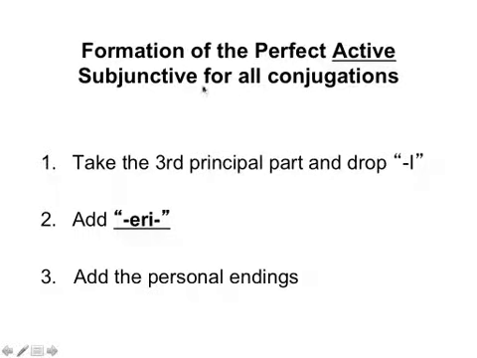Now let's talk about the formation of the perfect active subjunctive for all the conjugations. Very straightforward. Like any past active action, you're just going to take that third principal part, drop the I. Then with the perfect active, you're just going to add the letters E, R, I. And then step 3, you're just going to add the personal endings to that.